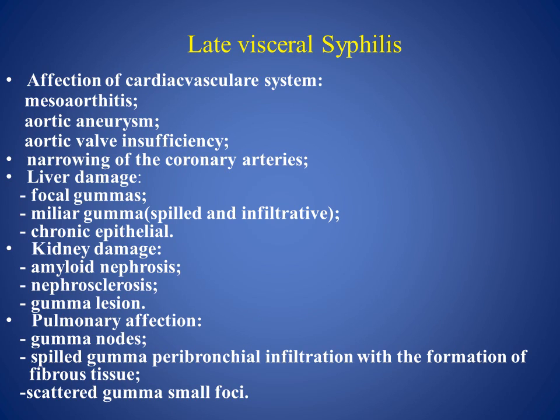Kidney damage: amyloid nephrosis, nephrosclerosis, gumma lesion. Pulmonary affection: appearance of gumma nodes, diffuse gumma peribronchial infiltration with the formation of fibrous tissue, scattered small gumma foci will appear.